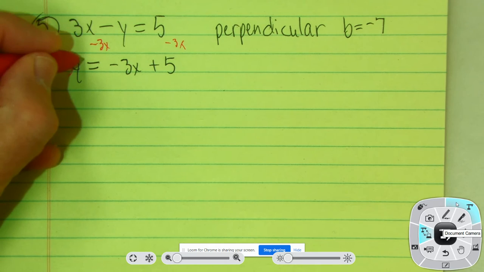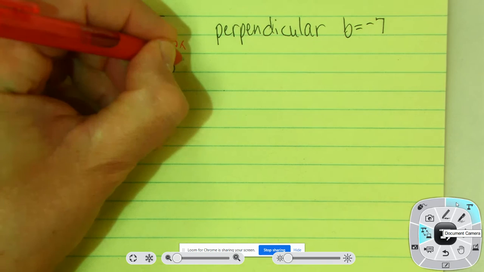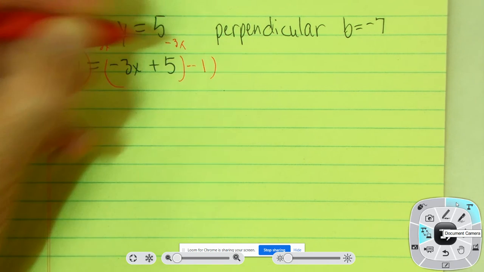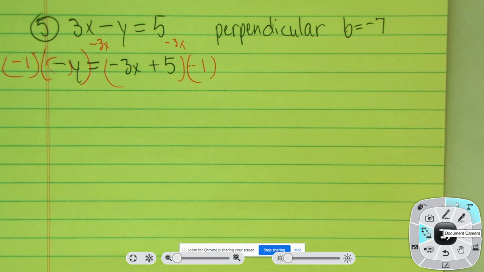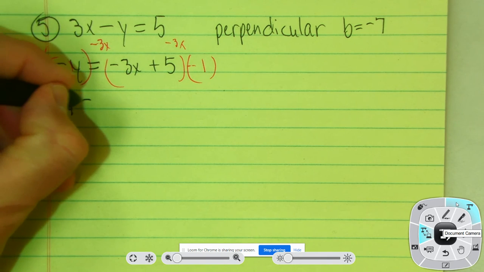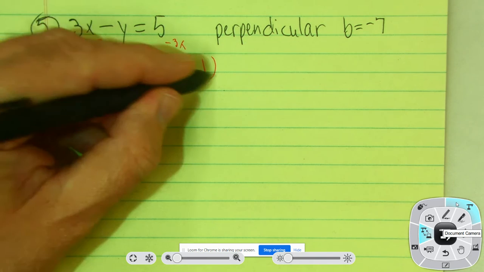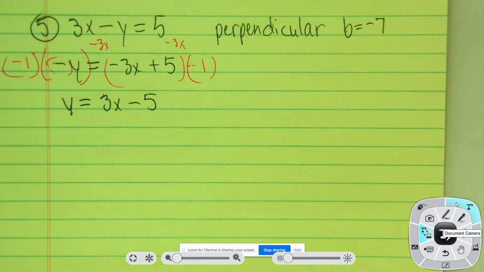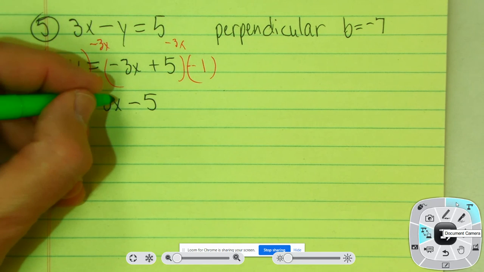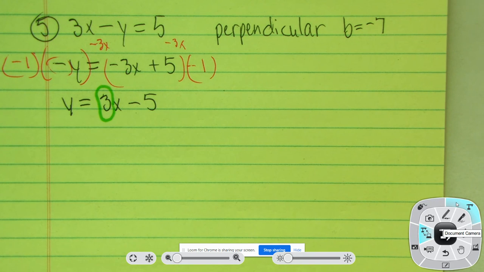That'll solve that problem. So I can rewrite that as y equals -1 times -3 is positive 3, and positive 5 times -1 is -5. So I can spot my slope pretty easily. Right there it is. Slope is 3.